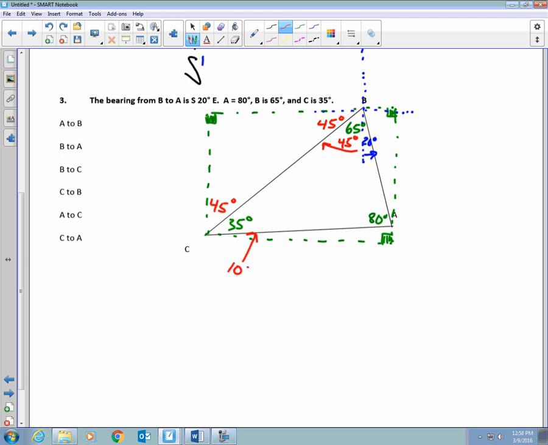Okay. What's this little corner angle right there? 80. This entire line must make 180, so 80, 80 makes 160, so make this up there 70.